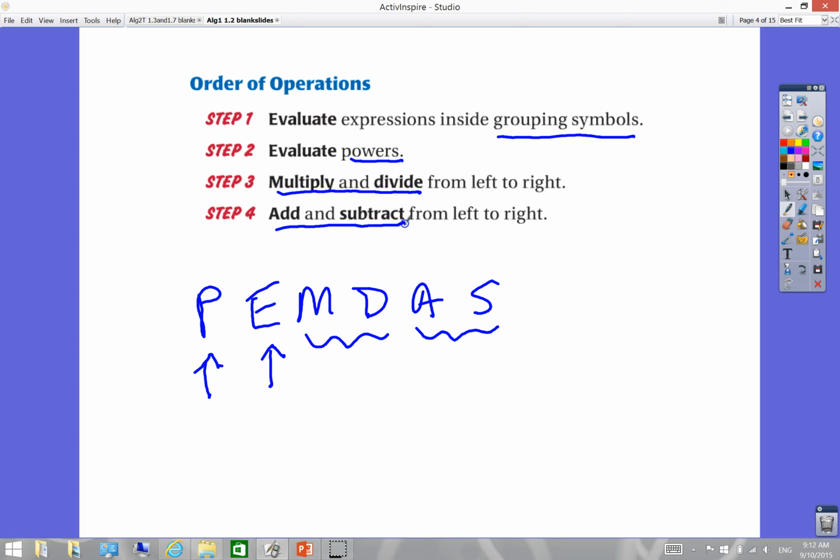There you go. Keep in mind that when you get to these two steps, what it's telling you to do is consider multiplications and divisions together as you go from left to right. If the first thing you encounter is a division, then do the division. If the first thing you encounter is a multiplication, do the multiplication.